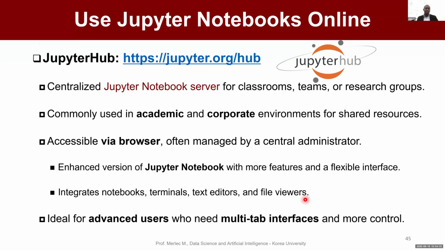It's designed for education purposes, and this is for large size teams where all the resources can be managed on the server, same as Google. Google is the Google Colab, but this is kind of an open source solution managed by the Jupyter Foundation. So they provide JupyterHub, JupyterLab.